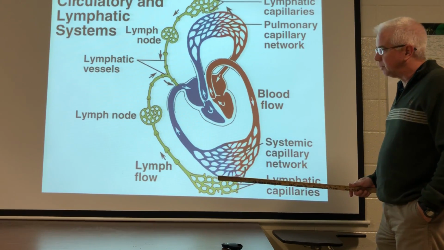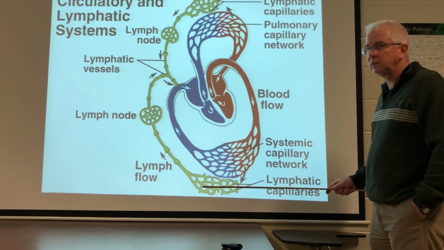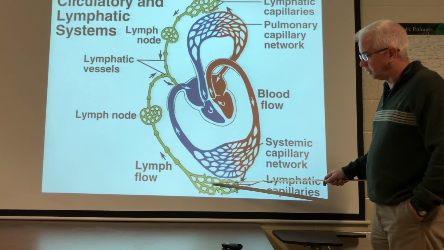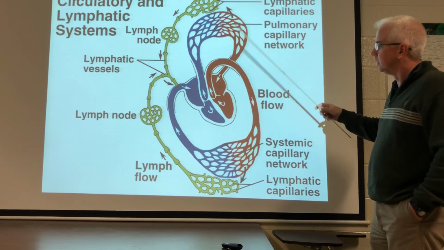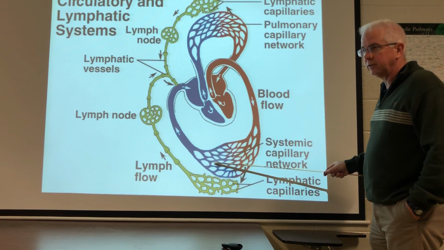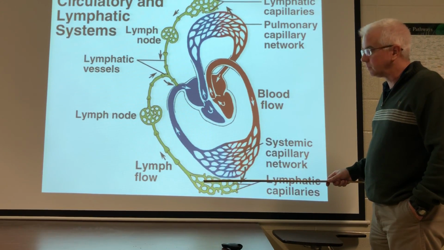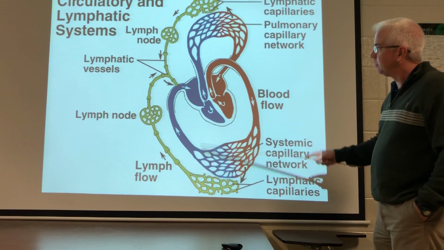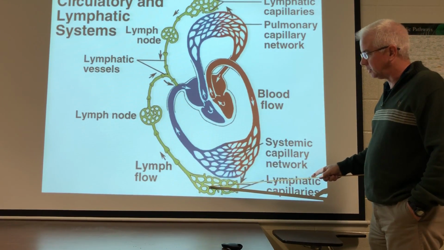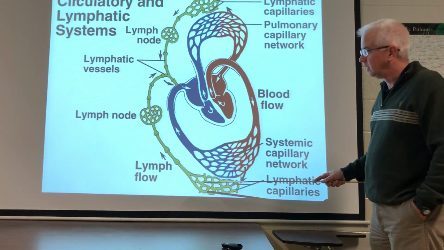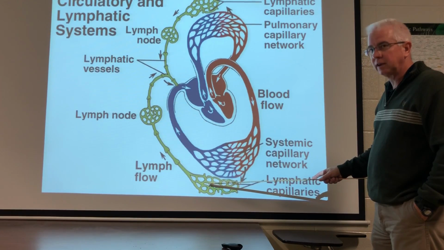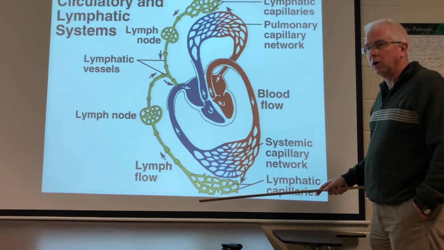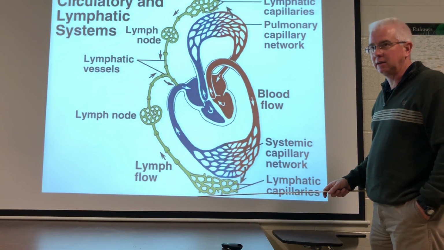In order to do that, the body has another system of circulation called lymphatic circulation, where capillaries that are actually dead-ended capillaries, notice there is no network here, are to be found in the areas where the normal capillary beds are located. Now, these capillaries, we call them lymphatic capillaries, are structurally different than the normal capillaries, in that the simple squamous cells of these capillaries are overlapping but non-connected.